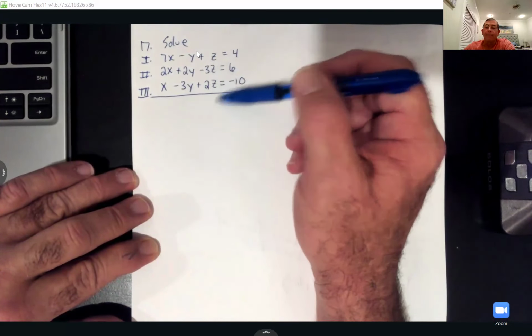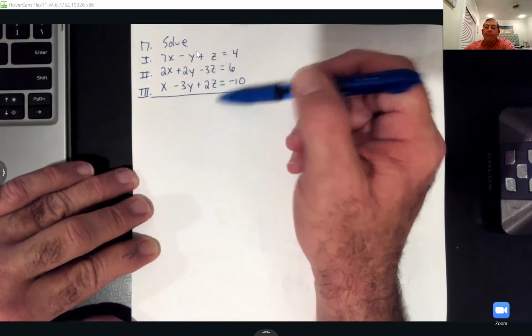So let's multiply row 1 by 3. That'll give me 3 times 7 is 21x. Minus 3 times y is 3y. Plus 3 times z is 3z equals 3 times 4, which is 12.